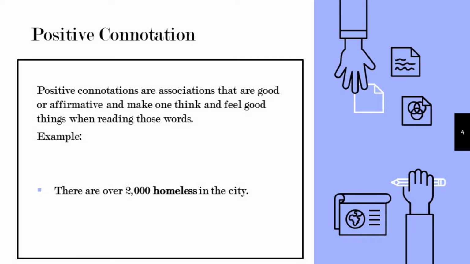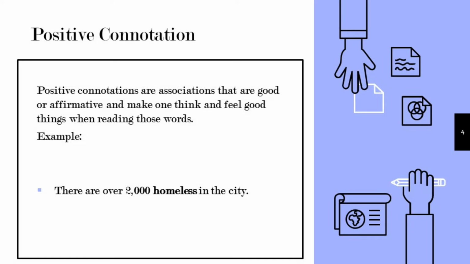So the word homeless is defined as having no home or permanent place of residence. It says here that there are over 2,000 homeless in the city. So instead of using other terms for the word homeless, like poor, vagrants, or whatsoever, we can use the word homeless to be able to show a positive and good interpretation for our subject.